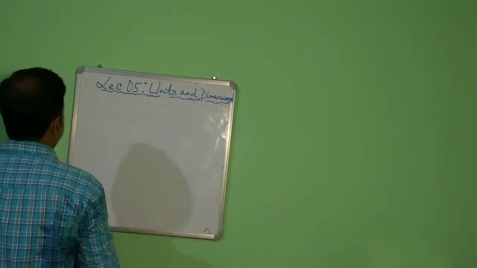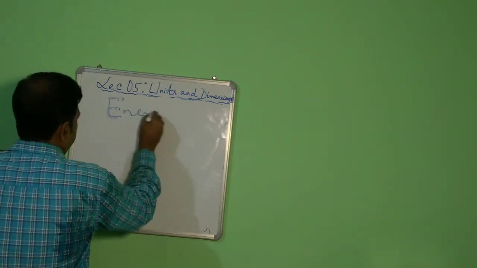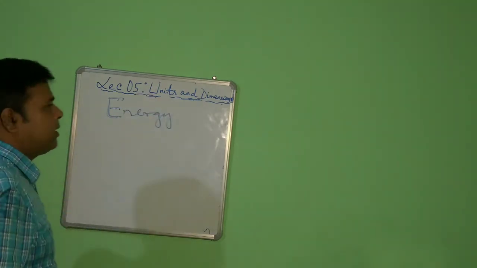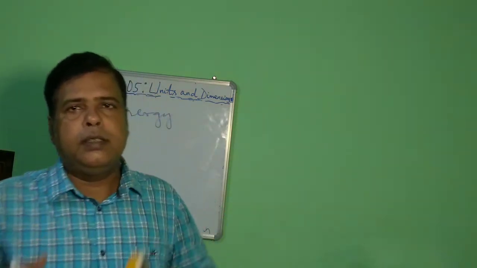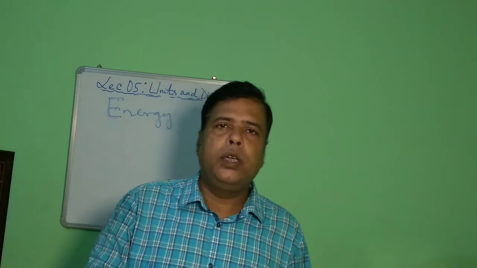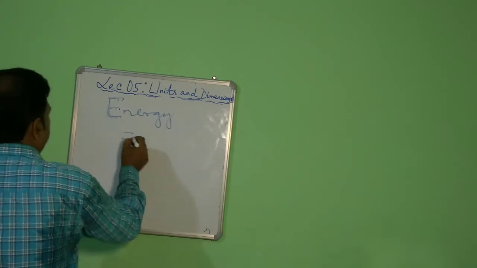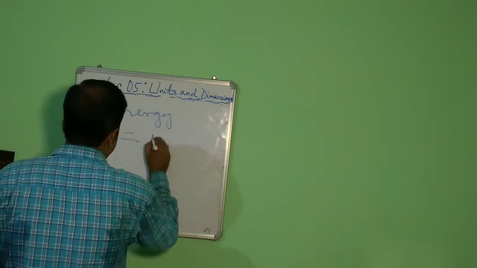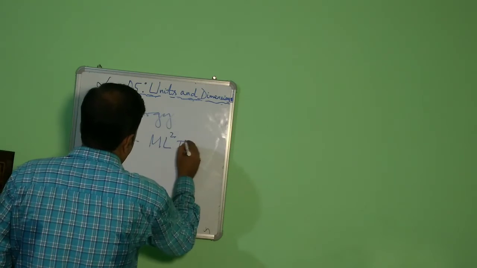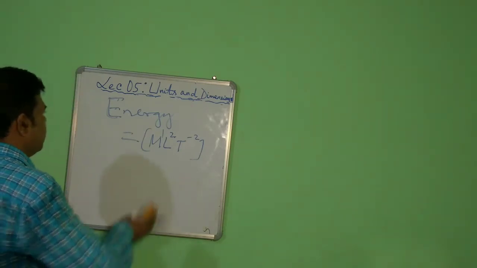If you want to find out the dimension of energy, energy is the capacity of doing work, and energy has the same unit, that is joule. Work and energy are two physical quantities with the same units. Joule is the SI unit of energy, and joule is also the SI unit of work. So the dimension of energy will be same as the dimension of work, that is M L2 T to the power minus 2. So the dimensions of energy and work are the same.